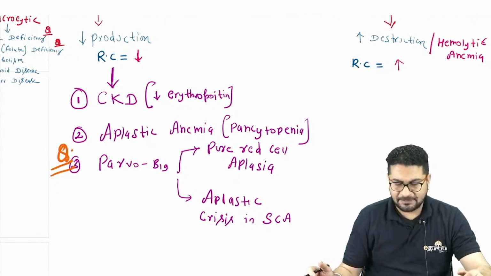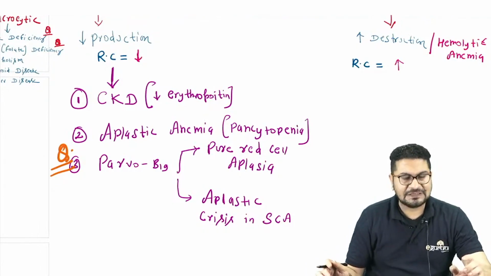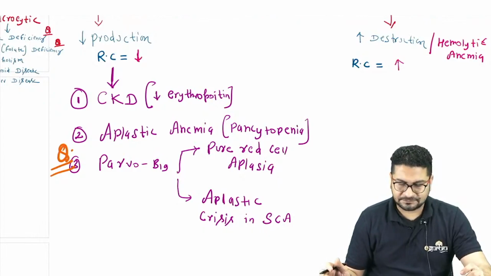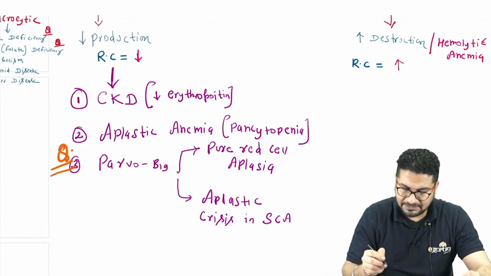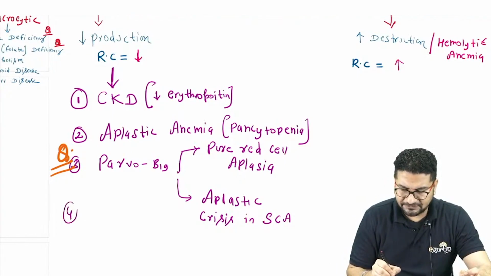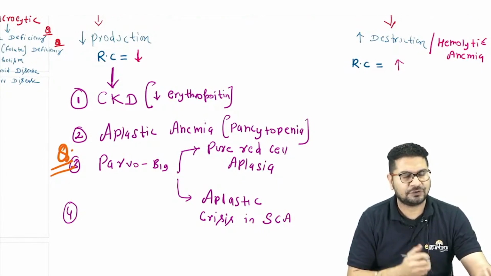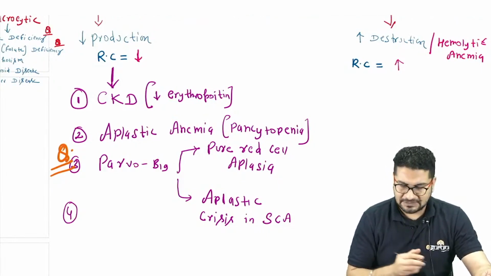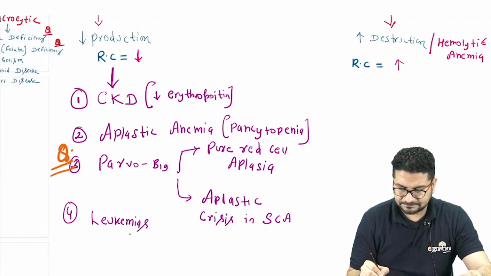So CKD, aplastic anemia, parvovirus B19. Is it clear? These are causes of decreased production. There can be decreased production of RBCs whenever there are some leukemias involving your bone marrow, so hematopoietic stem cells are gone. That is, this decreased production can also occur due to some leukemias, that is cancer.